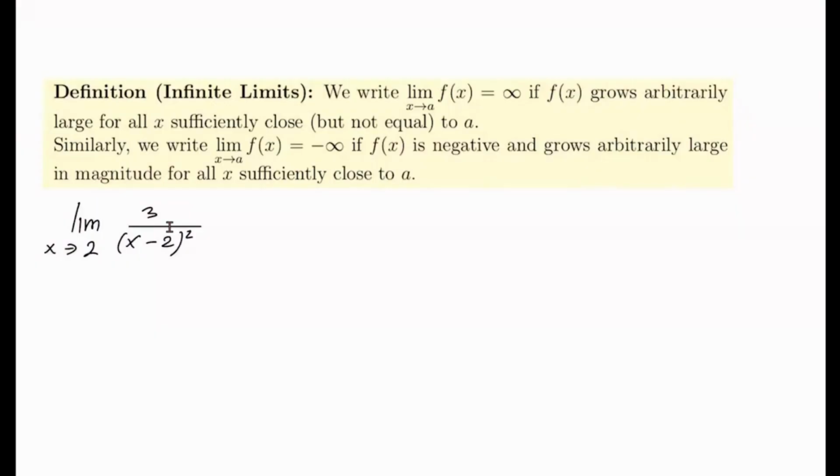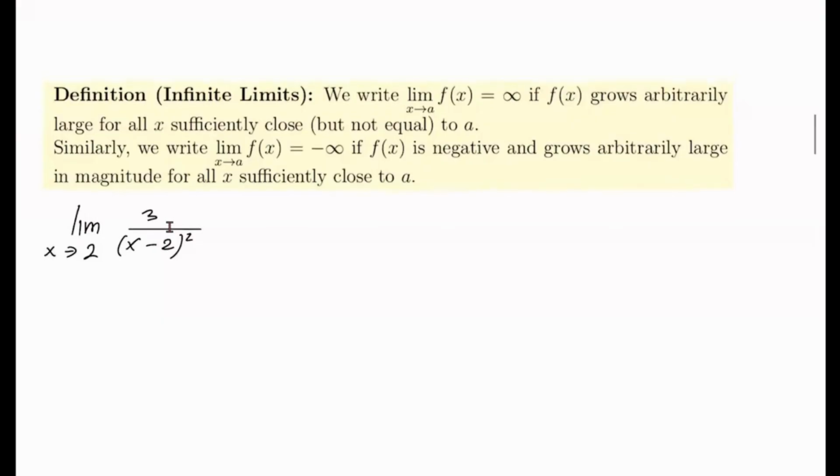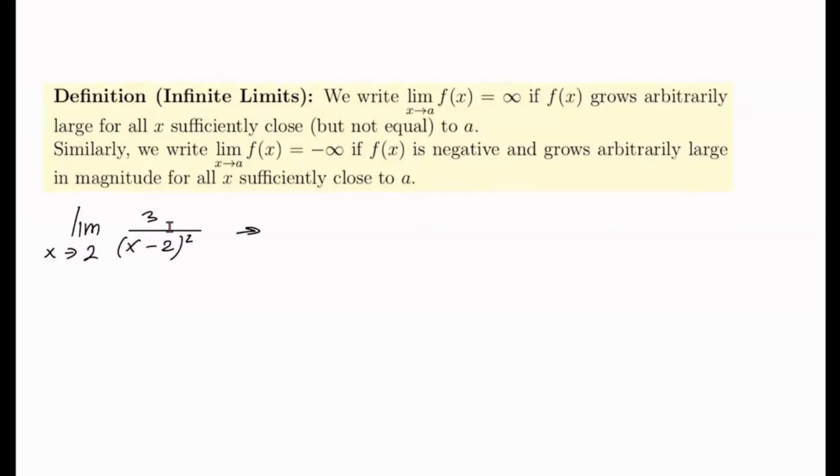As x approaches 2, the denominator approaches 0. So what we have here is a positive constant over a positive number that is approaching 0. So we would have here a positive infinity.